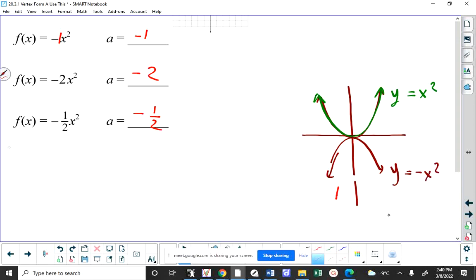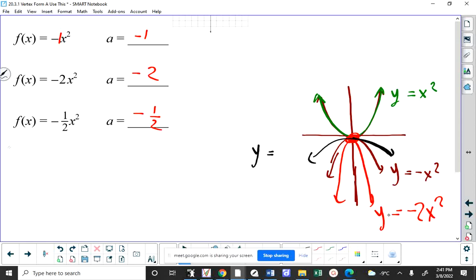The red one is negative 2x squared. Now again, it's not very accurate because you can see that the vertex should still be at the origin, but it's negative x squared. And then it's stretched by a factor of 2. The green, I guess we've used green, so we'll go with the black. This would be y equals negative a half x squared.